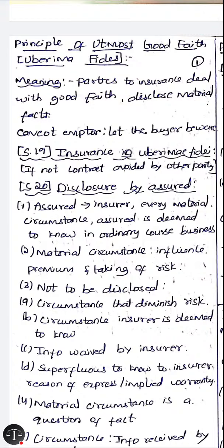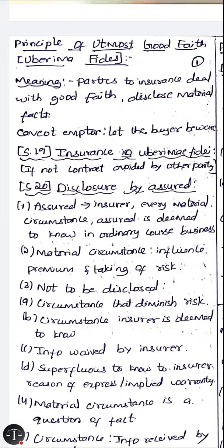So if the assured tries to influence the premium, that is, tries to reduce the premium by not disclosing any material circumstance, then the contract is not done as uberrima fides, it is not in good faith, and it should also not influence the taking of risk by the insurer.